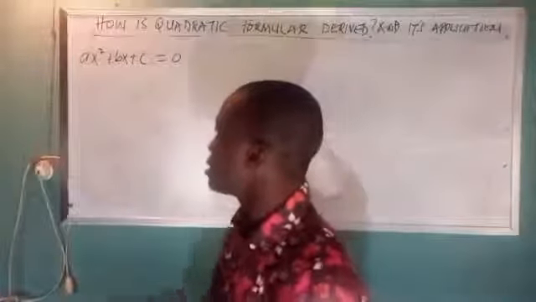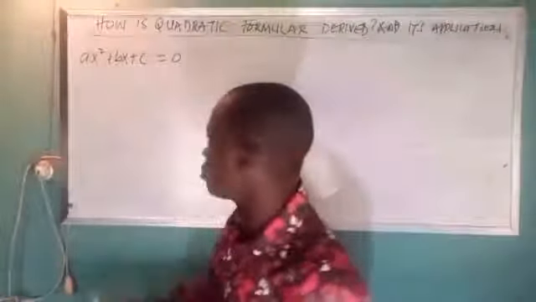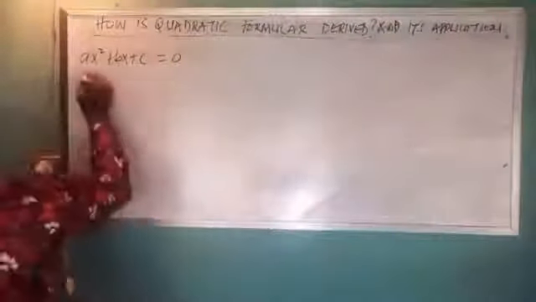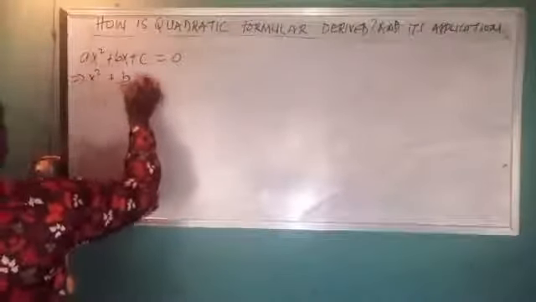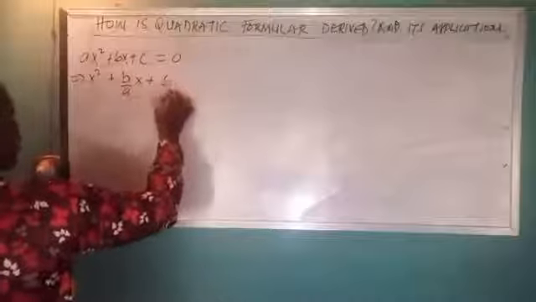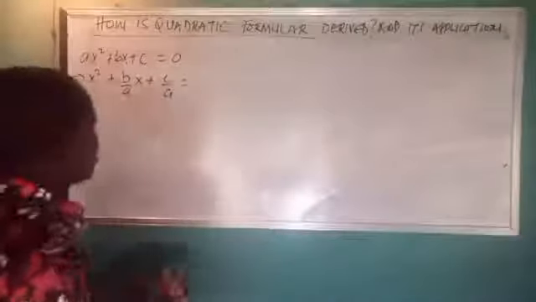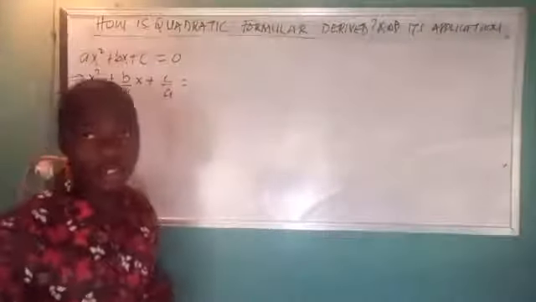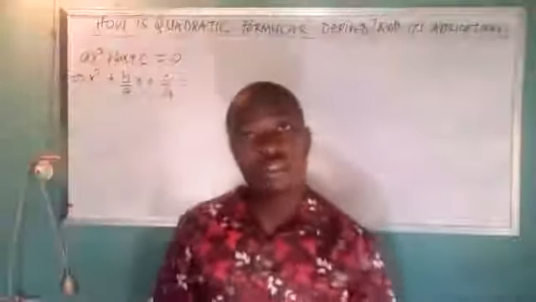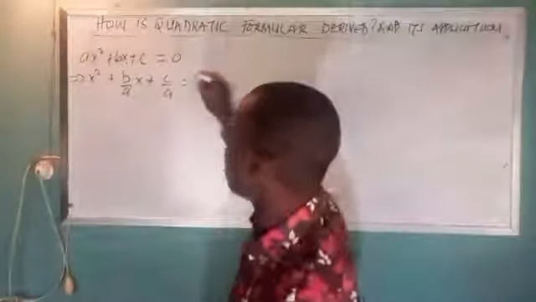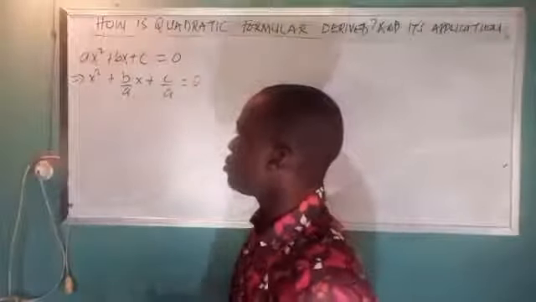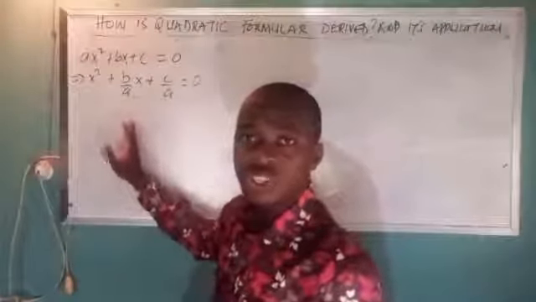Dividing through by a, we have x squared plus b over a x plus c over a, and 0 over a gives us 0. So we still have 0.